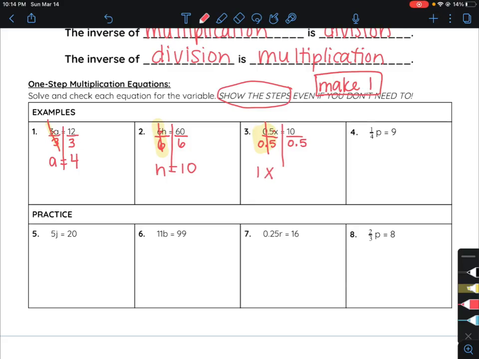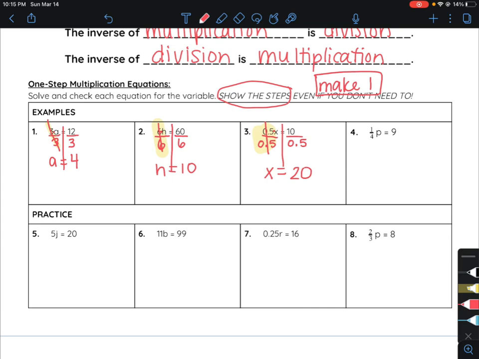So this is 1x. 1 times x is just x, so I'm not writing it. x equals whatever 10 divided by 0.5 is. Either you put that in a calculator or you do that math out. Whatever you end up doing, you're going to get the answer as 20, because if you fill it back in, half of 20 is 10.